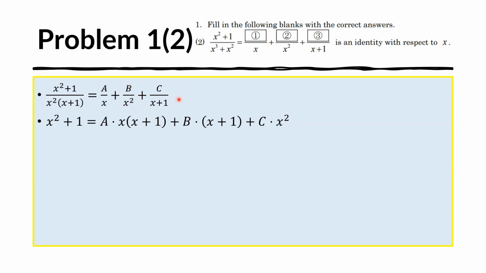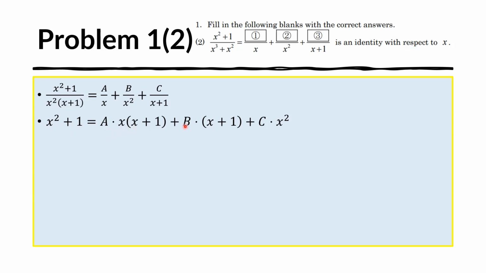Now, our task is to maintain the identity with respect to x. What that means is that the coefficient on the left side must be the same as the coefficients on the right side. And so the first step after the decomposition here is to put this in a form that is very similar to the left side.